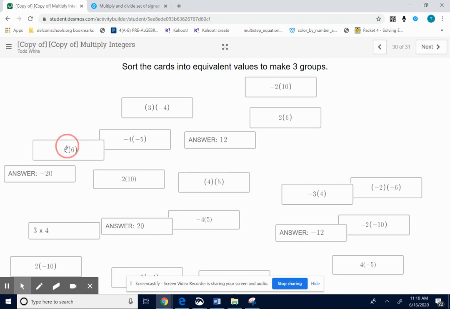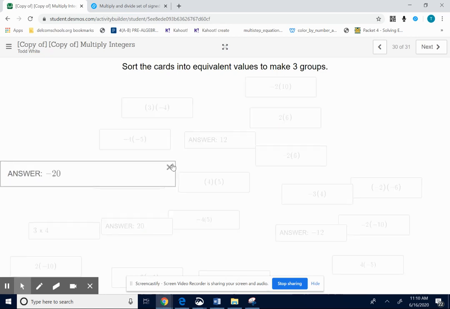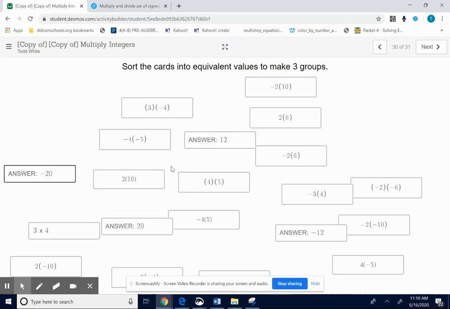Then I'm going to take my right finger, as it's still pressed down, and move it with that. I just have a lot more control if I do it that way. If it gets real big, just click the X. So I'm going to click the -20. I'm going to be over the -20, take my left finger and push down, then take my right finger and move it.